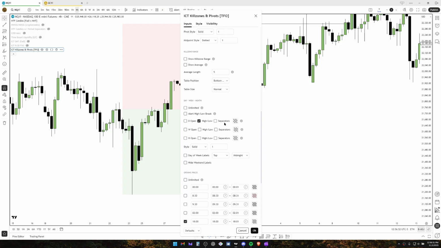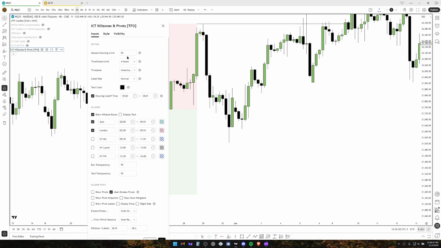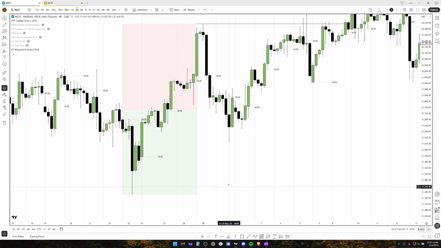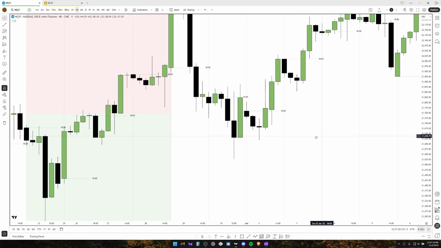Actually, maybe I'll keep the daily high. Then we'll put the daily separators. And I'll put this back 50. Put this back 100 maybe. I'll have to put it back even further. Okay, so we have the 1800. I'll take off the previous daily high and low showing, so less drawn out. Okay, cool. So now we see on the 4-hour what's happening.